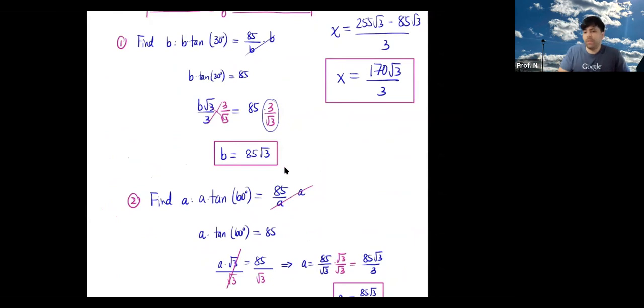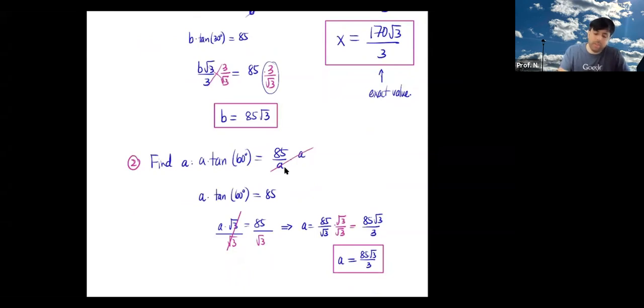But if it asks you to do it in exact form, this would be exact. The calculator will not give you the exact value. So you could calculate 85 rad 3 minus 85 rad 3 over 3 in your calculator, and you're good to go.